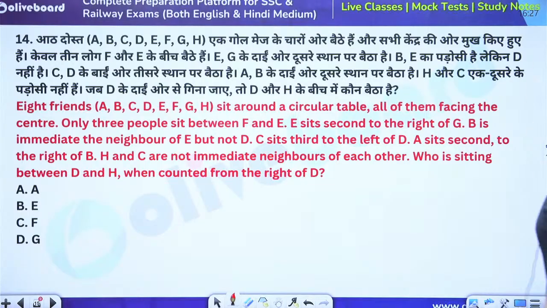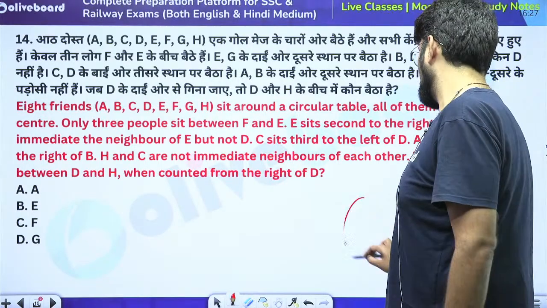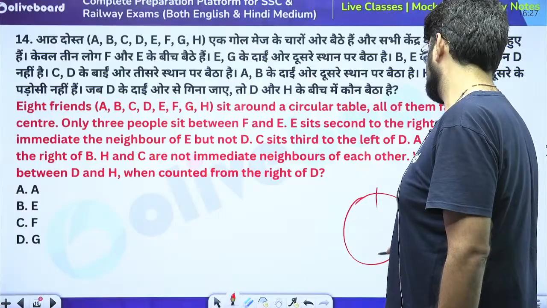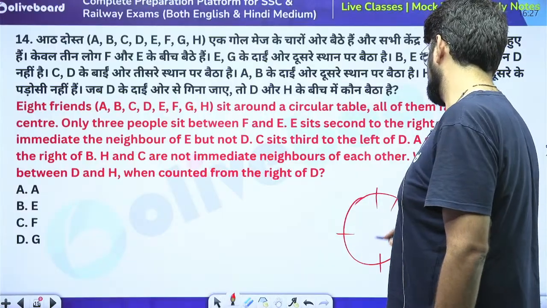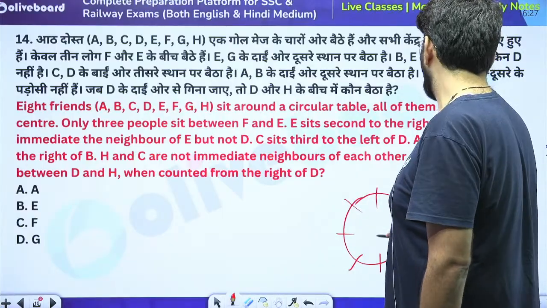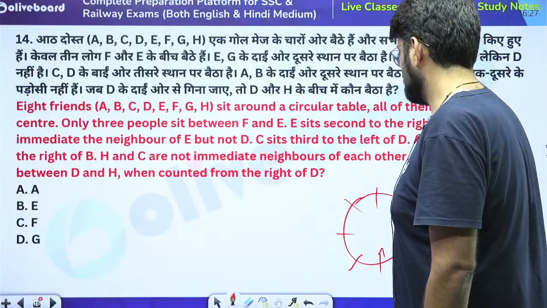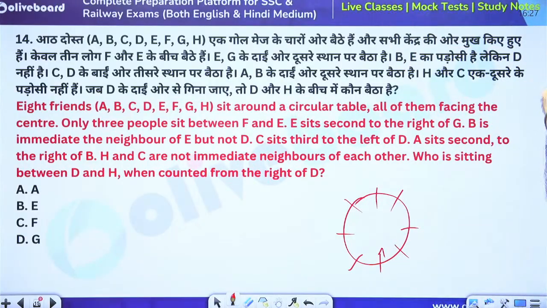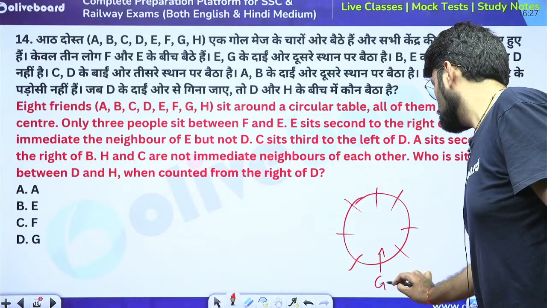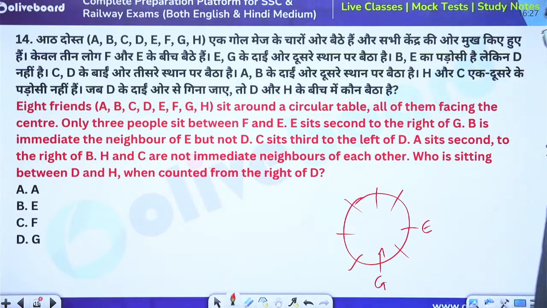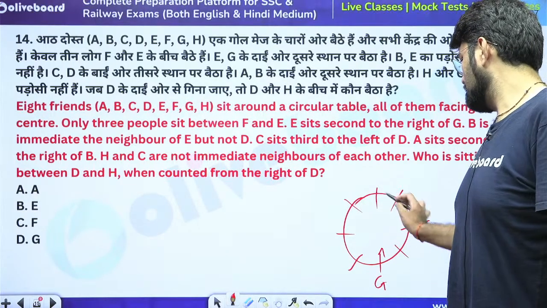8 friends sit around a circular table, all of them facing the center. Only 3 people sit between F and E. E sits second to the right of G. So let this be G. So E is second to the right of G. B is an immediate neighbor of E but not D. If this is E, 3 and 3, F is here.